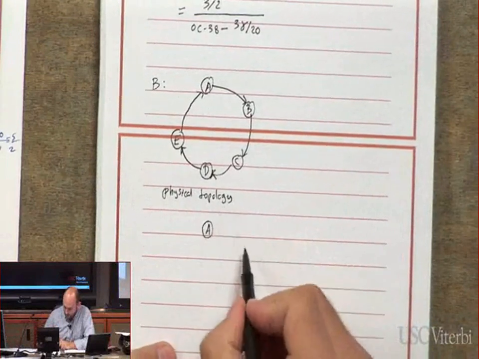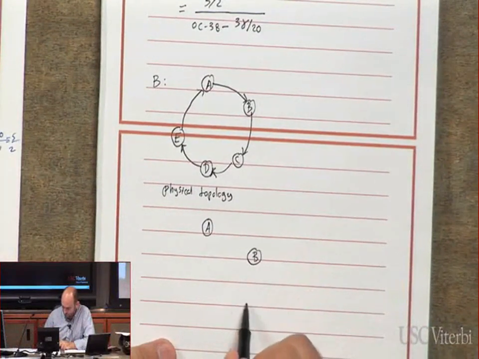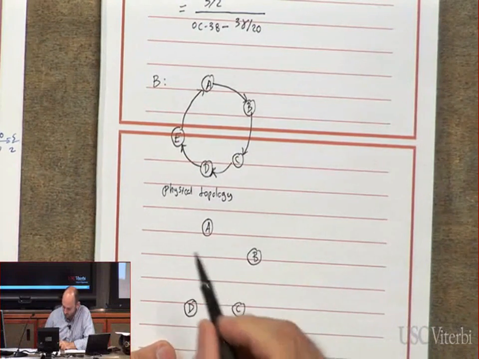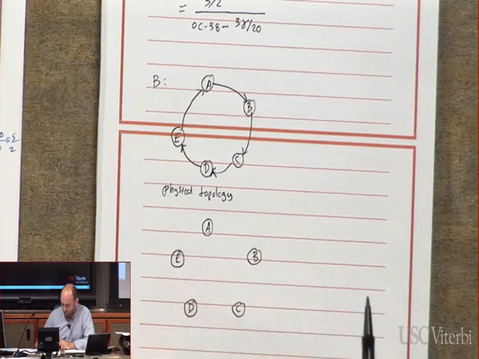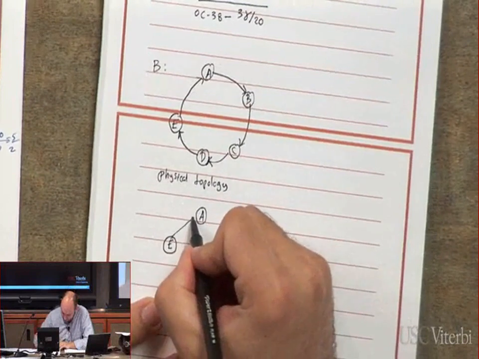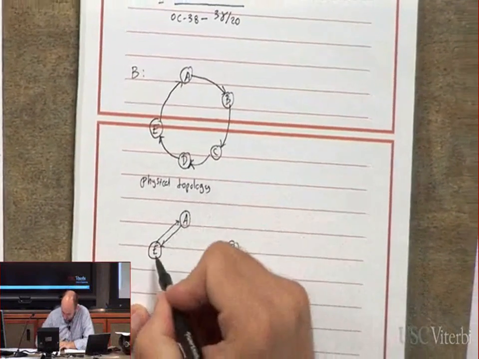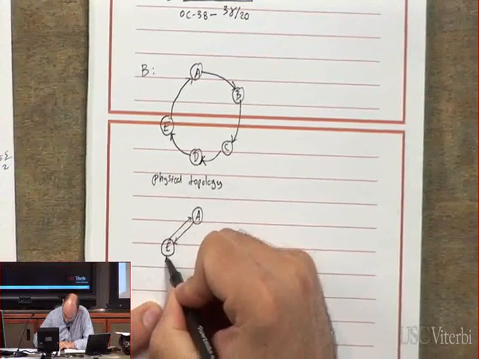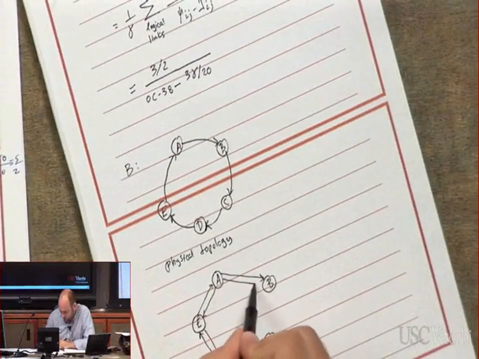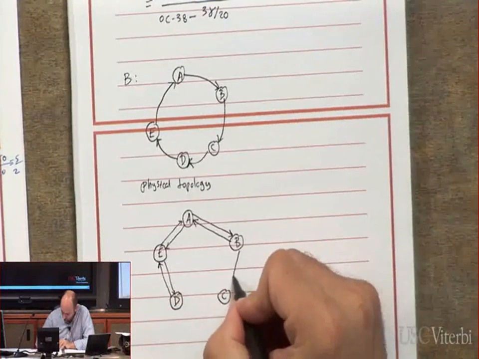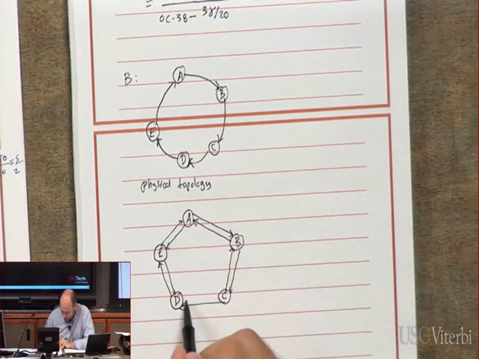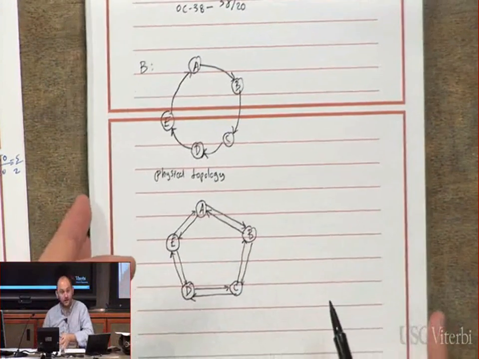Okay, so now let's quickly draw this. We have A, B, C, D, E. Now, good luck with that. Okay, that's the ring.